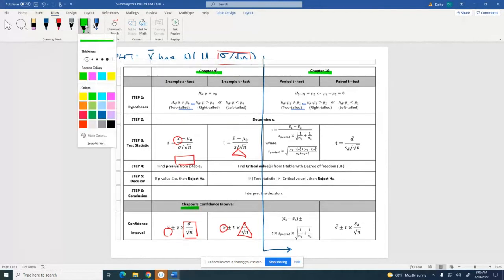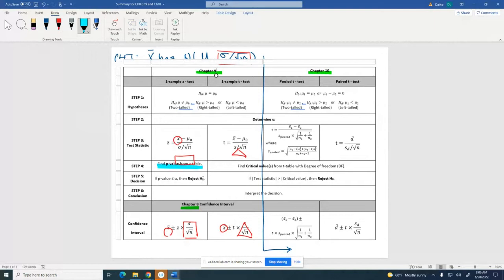Here we applied the p-value approach from the z-table, but for the t-test, we got the critical values. Yesterday, we got the critical values as it depends on the left tail, right tail, or two tail. And we made the decision and the conclusion.